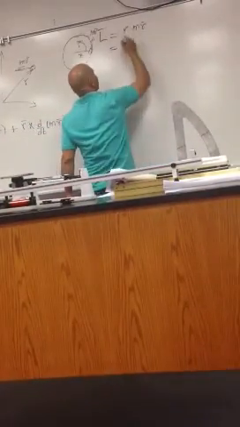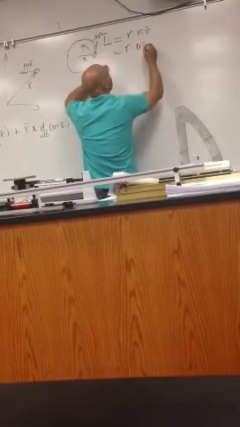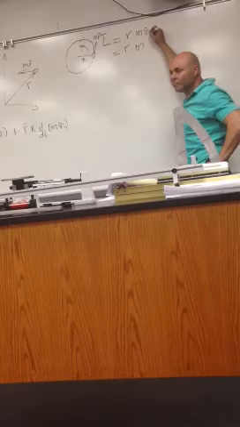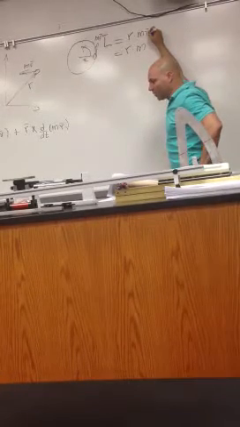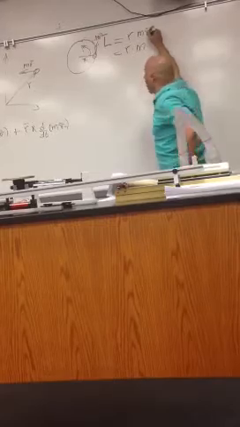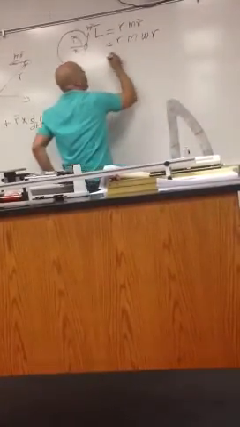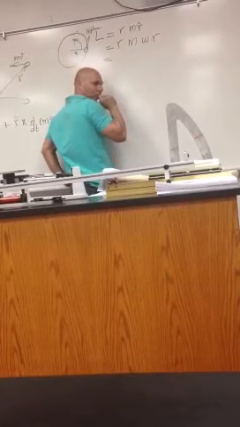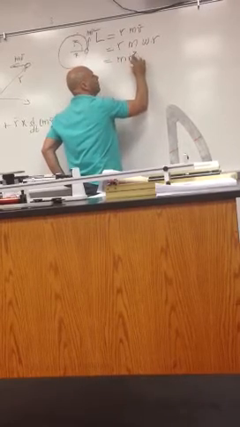If I know that this will be the formula, R cross P, it will be R, the radius, times m, the mass, times V. What is V in terms of omega? V is omega R. So this is m R times R, R squared. mR squared times omega.